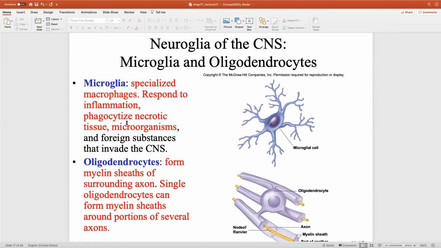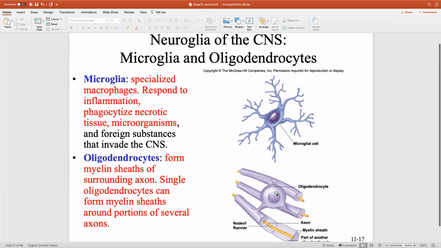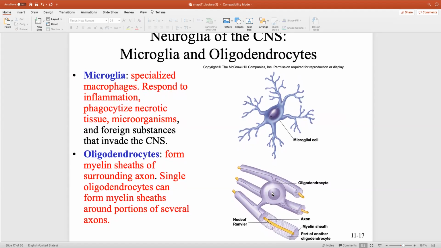So these are our immune cells that are there to fight off hopefully any infection that can get through the blood-brain barrier. The oligodendrocytes right here. Oligodendrocytes are the myelin sheathing cells found in the central nervous system. Now, what we're going to see is this.